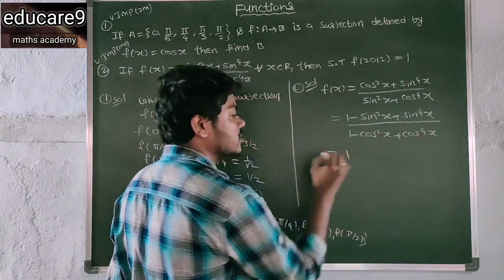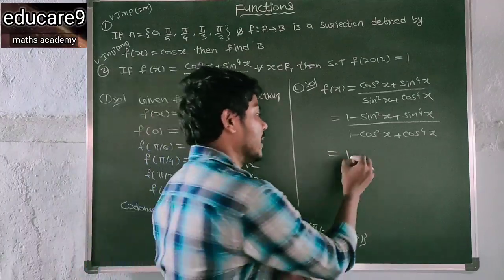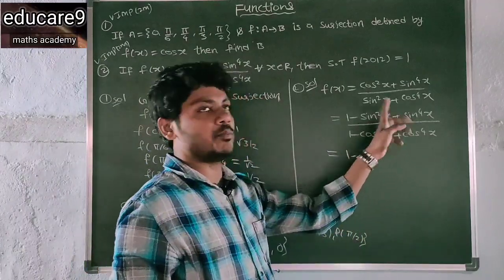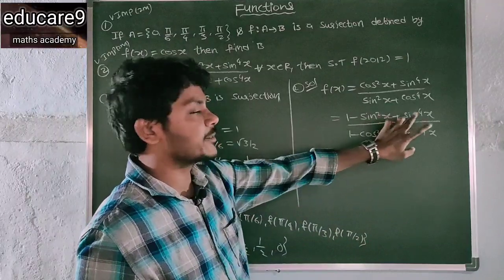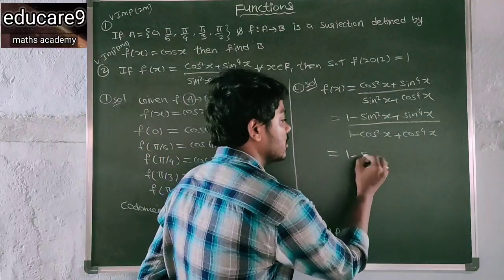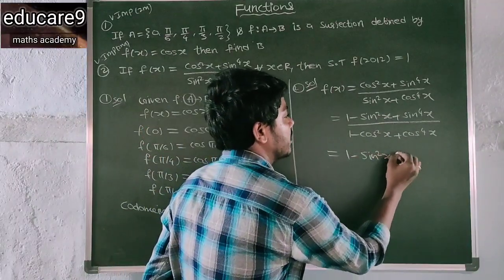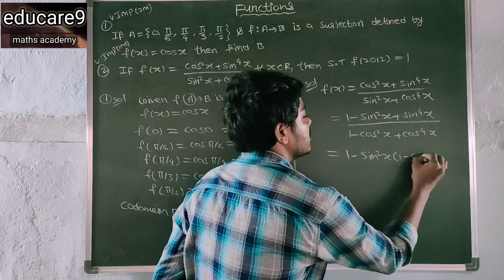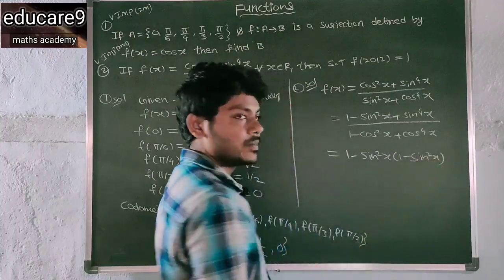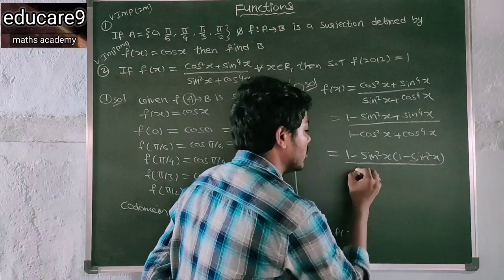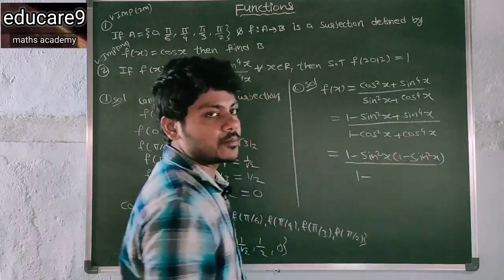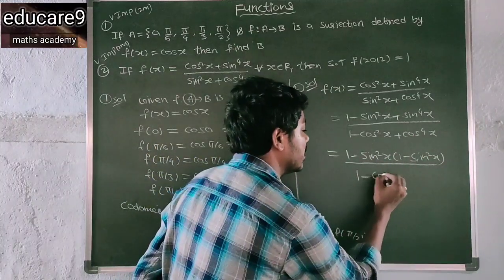So this is equal to 1 minus, here sin square x and sin power 4. So in both terms sin square x is common. So what you get? 1 minus sin square x. So in the denominator also cos square and cos power 4, cos square x is common.